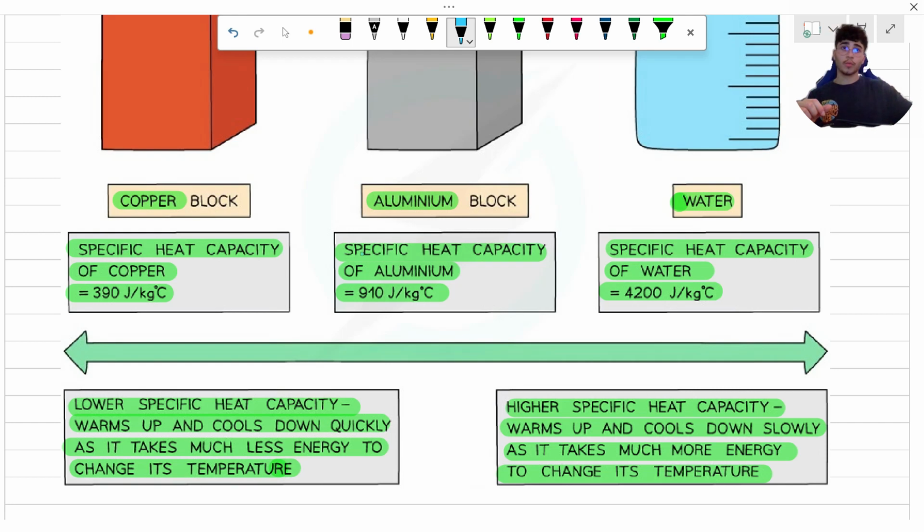No, the highest one is for water. This means water has the high specific heat capacity and is going to take the highest time to cool down or heat up. While copper is the opposite. It has the least specific heat capacity, so it's going to take the least amount of time to cool down or heat up, and aluminum is somewhere in between.